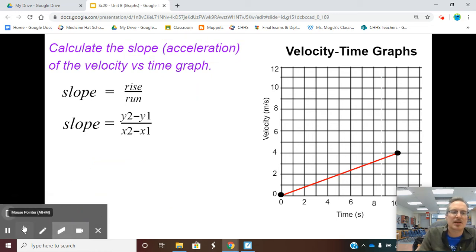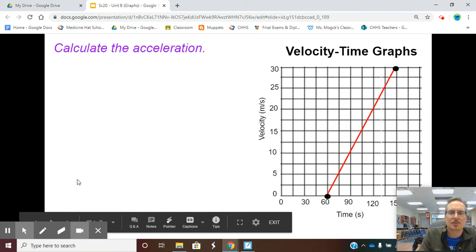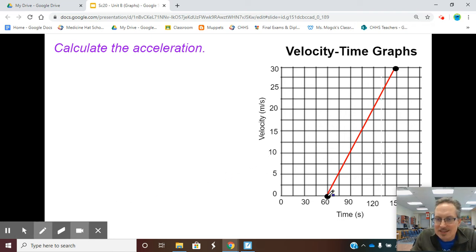What we'll do is we'll try another one. So checking this out, let's check to make sure we know our value. So this is at 60 seconds. This one's going to be at 150 seconds. We're at 30 meters per second and 0. So in order to do this, we're going to find slope.